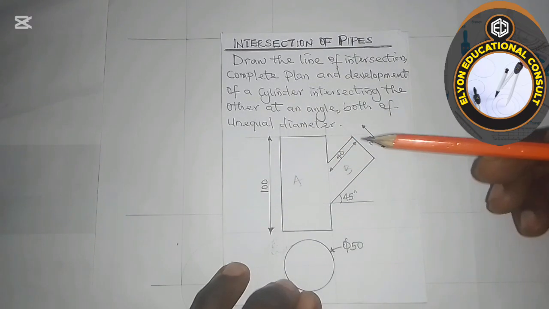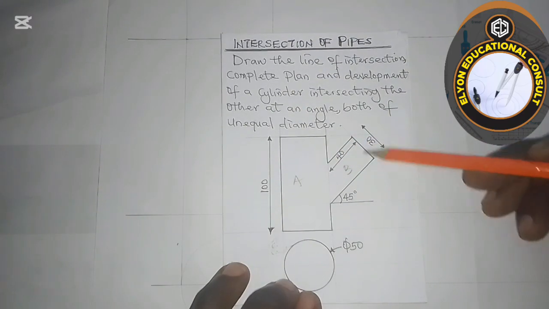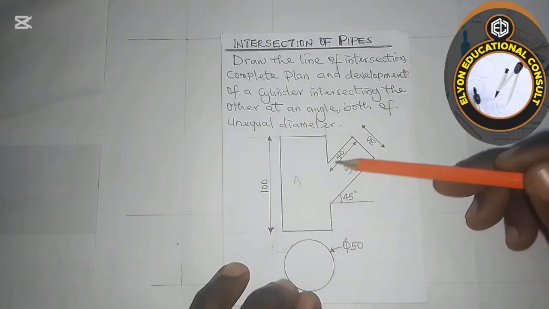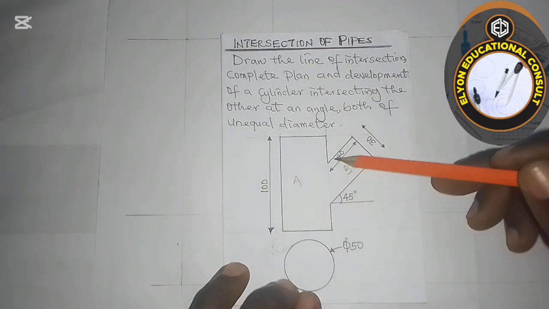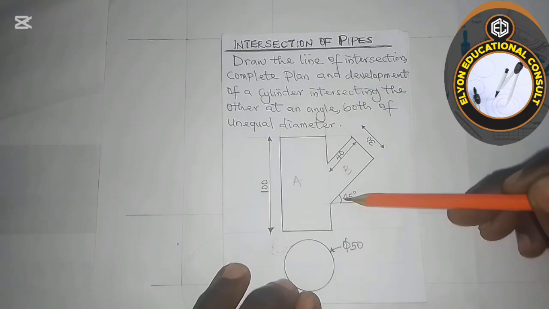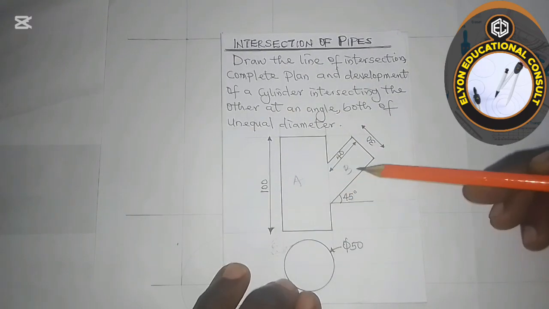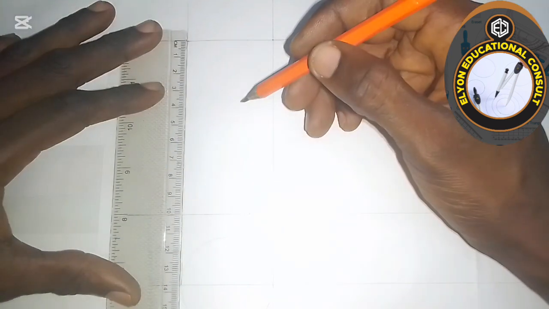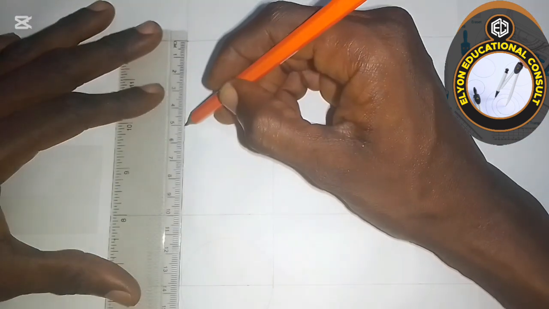All we are given is the diameter of pipe B. So we are going to work in such a way that we will centralize this pipe B, but it is at an angle 45, so we have to centralize this pipe B. So what I will do now is to get the center of this pipe A. Of course the center will have to be 50 if the length is 100, so 50.